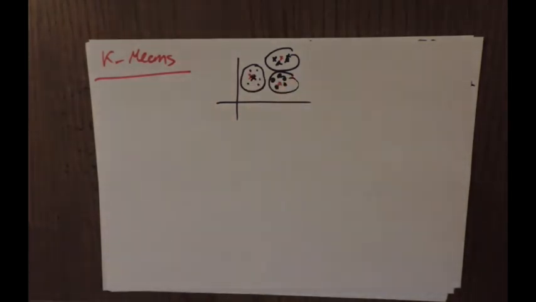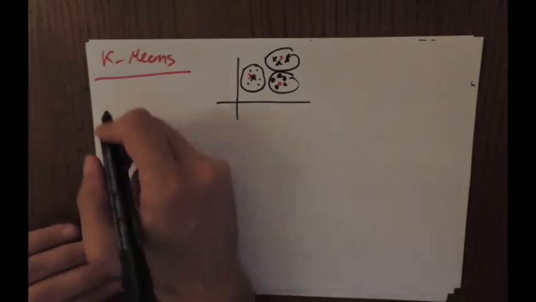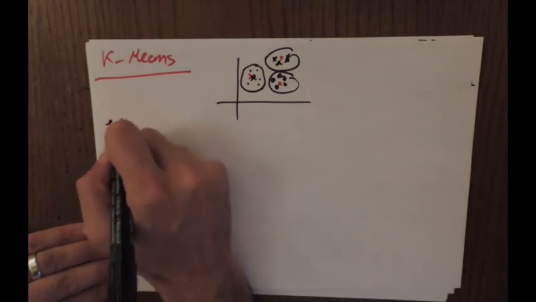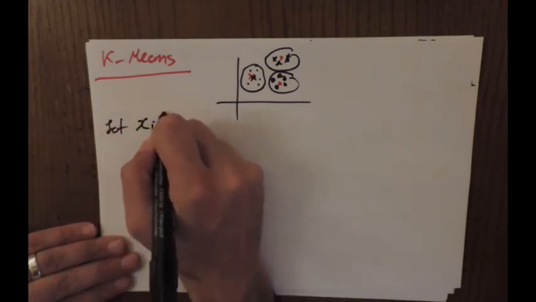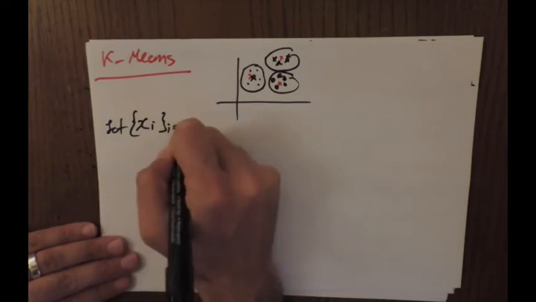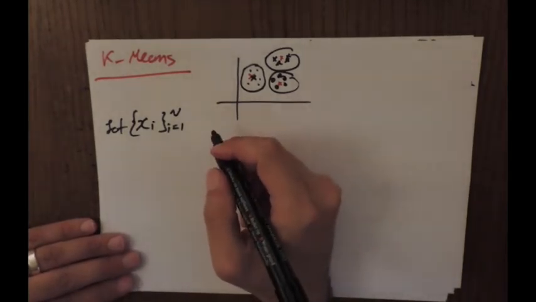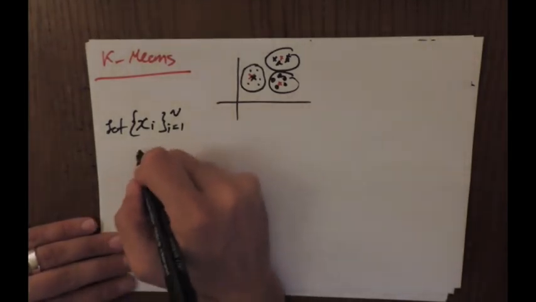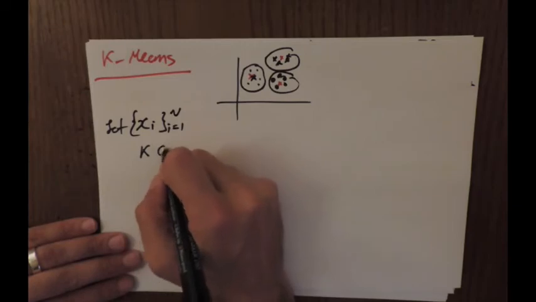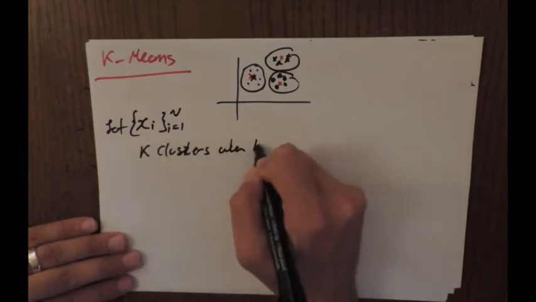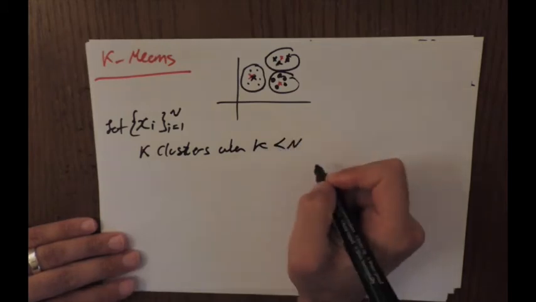Okay, so let's say we have input data xi, i goes from 1 to n, and we have a multidimensional observation, and we have n patterns. We need to represent them by k clusters, where k is less than n, the number of patterns.